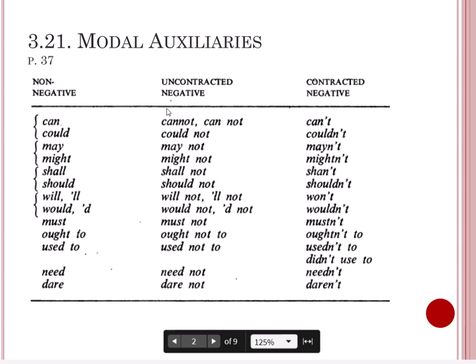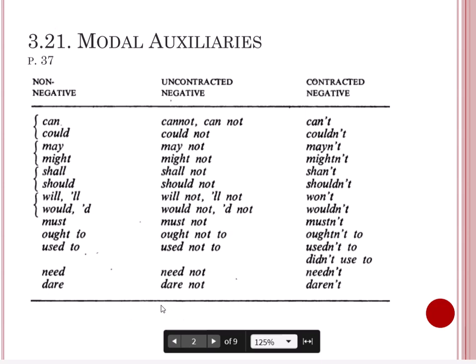And here we have the non-contracted negative, cannot or could not. And here we have the contracted negative form of the verb. Cannot would be can't, could not would be couldn't, and so on. And in the end, the last three ones, we have what is called the marginal modal auxiliary verbs. We have the verb used to, and we have the verb need and dare.